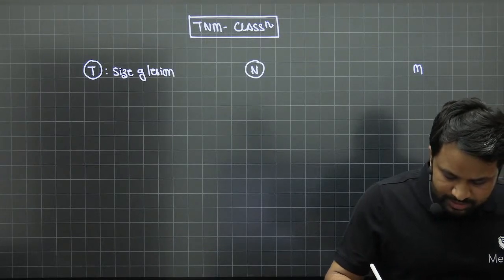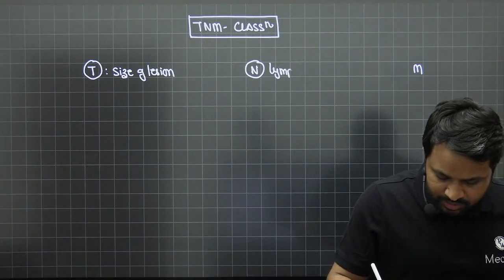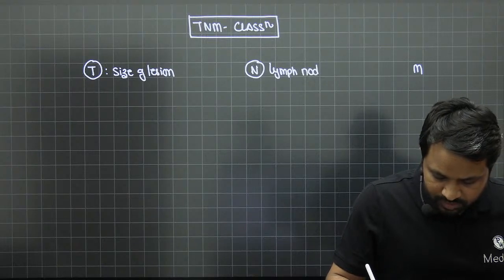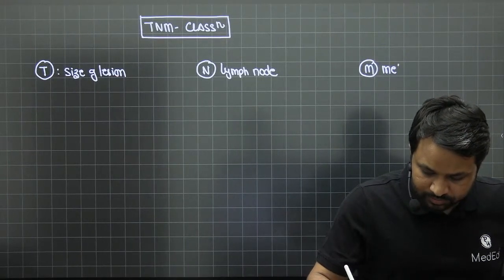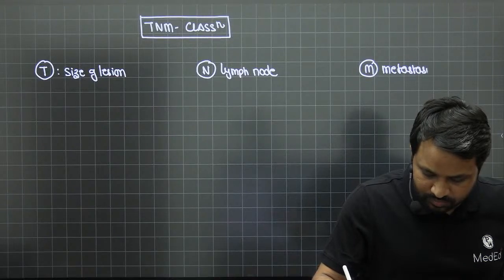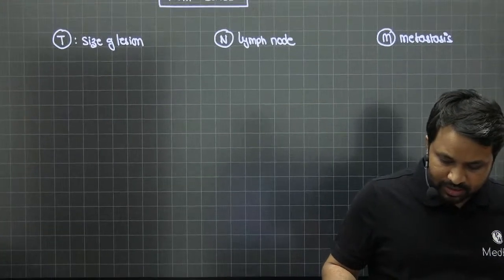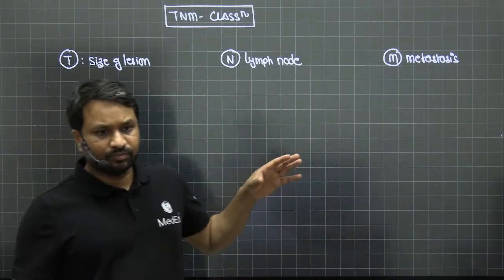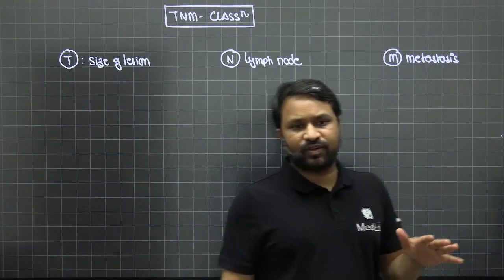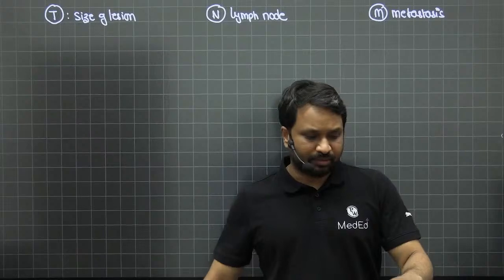N usually assesses the status of the lymph node. And M tells you the status of metastasis, right? So in a TNM classification, T is the size of lesion, N is the status of lymph node, M is the metastasis.